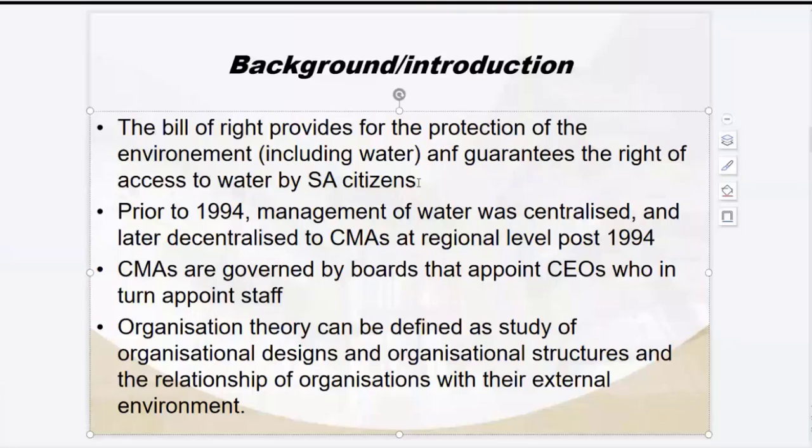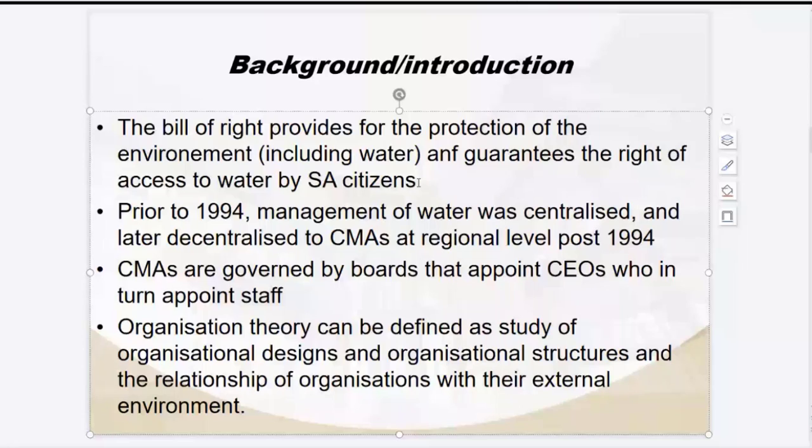Organization theory can be defined as the study of organizational designs and organizational structures and the relationship of organizations with their external environment. Here, there is reference to the public entities, which are CMAs, and there is reference to the theory of organizations.